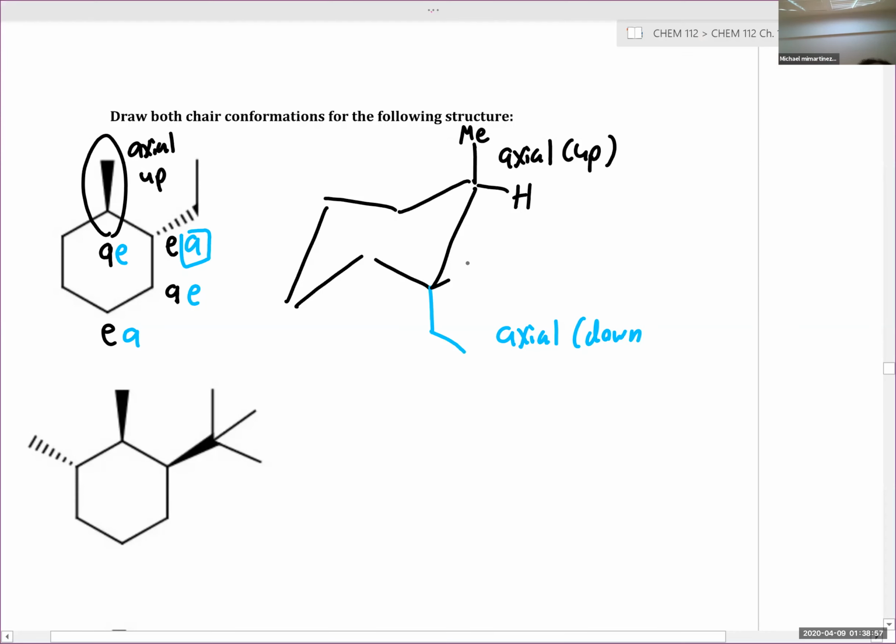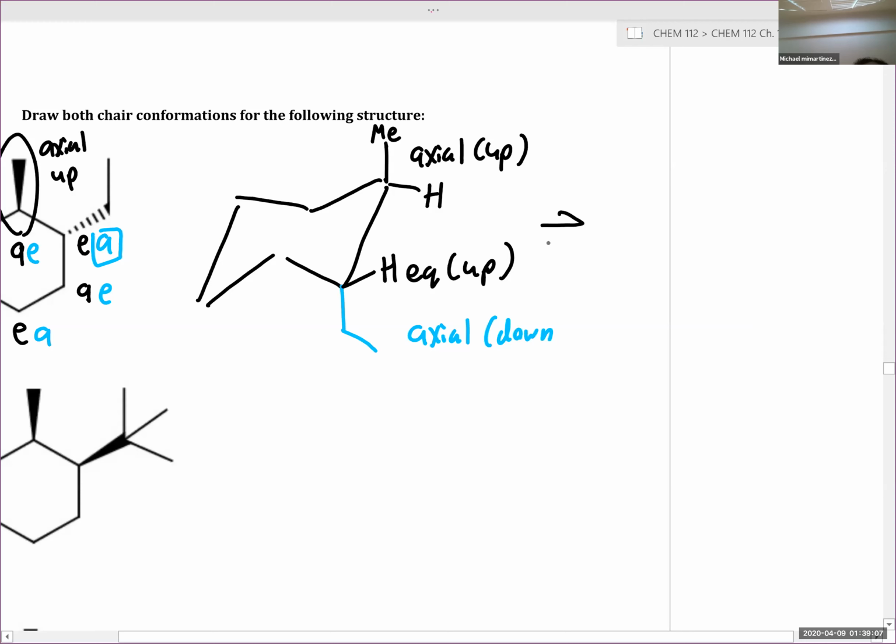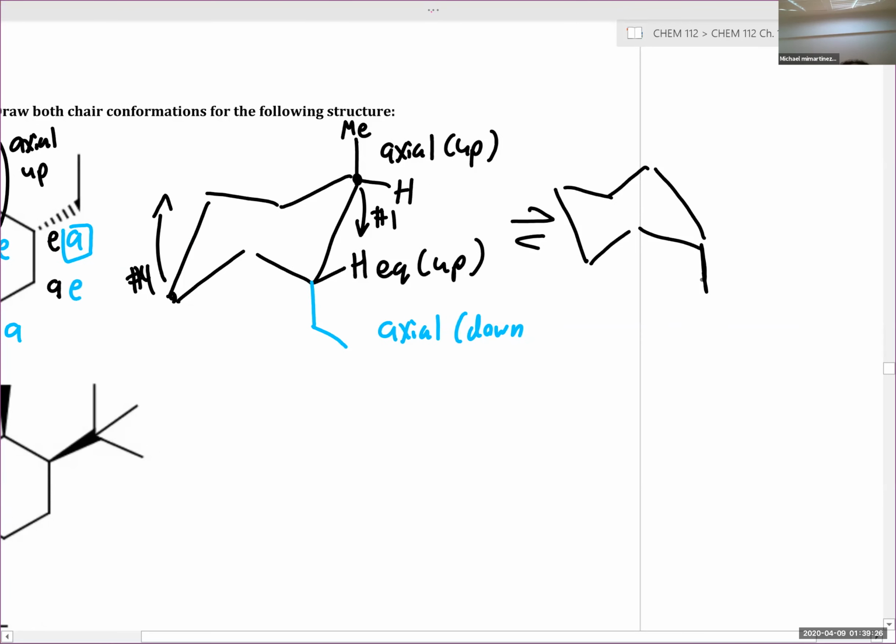Exactly right. Now, after a ring flip, we're going to bring carbon number 1 down and carbon number 4 up. And that in turn gives us the following chair conformation. So carbon number 1, our methyl group is now equatorial up.